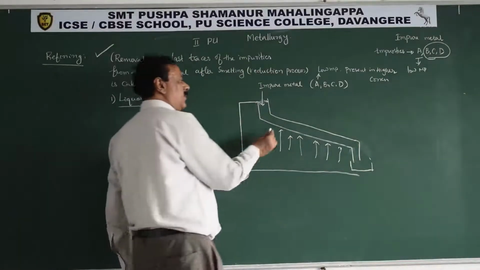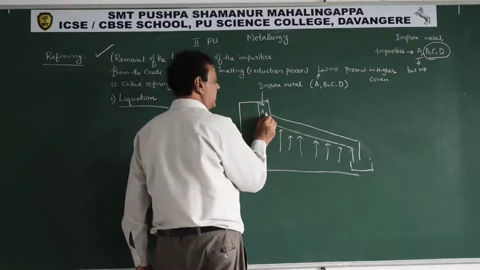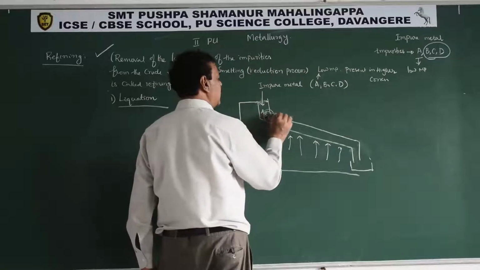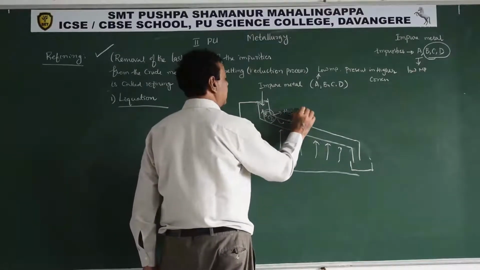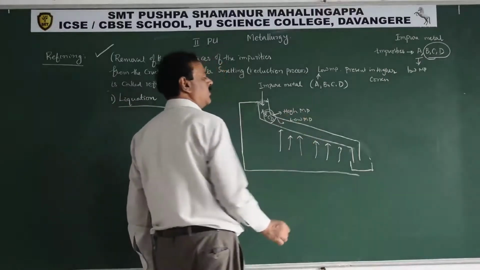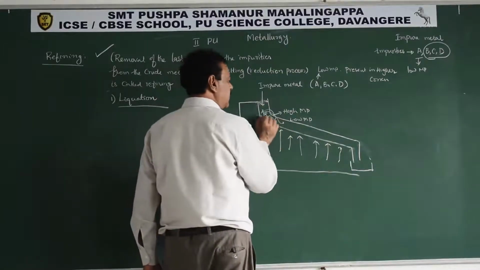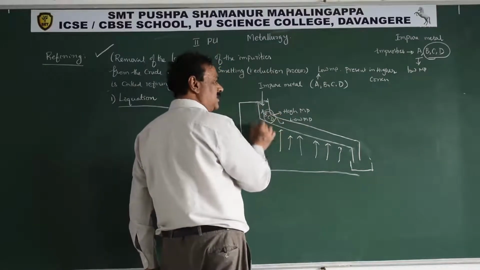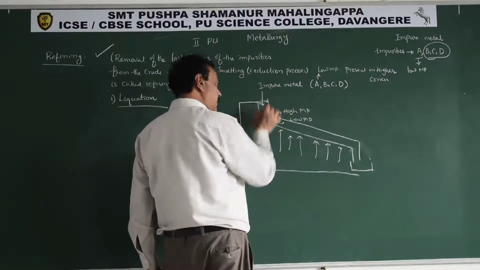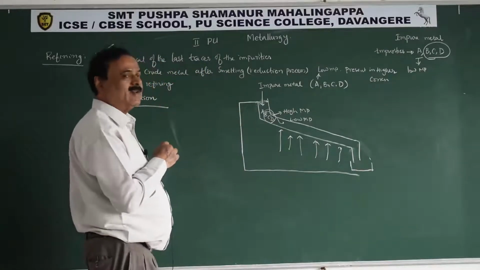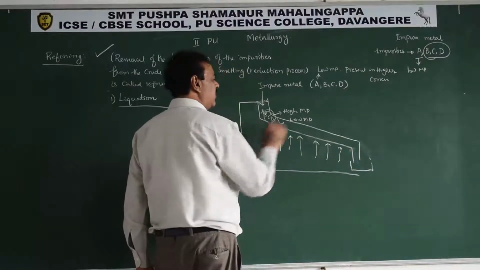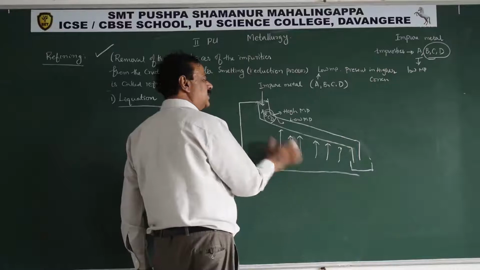The mixture contains A, B, C, D. B, C, D have high melting points, and A has a low melting point and is present in larger concentration. It is fed into the reverberatory furnace, placed on the sloping hearth and heated by means of the chemical fuel.